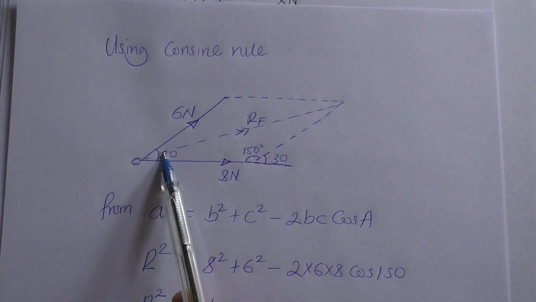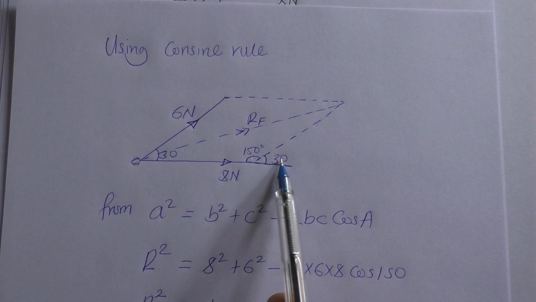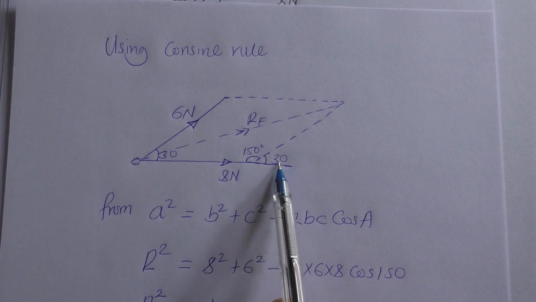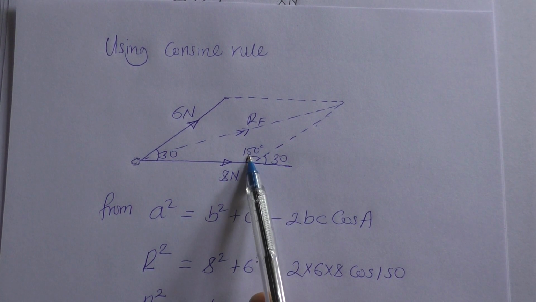Since this is 30, this is also 30 because they are alternating, and if this is 30, a straight line has up to 180, which makes this 150.